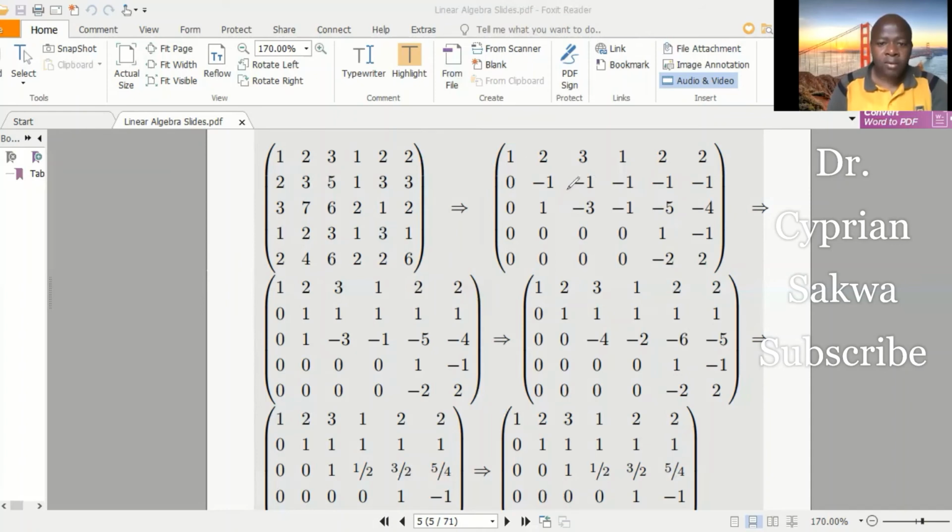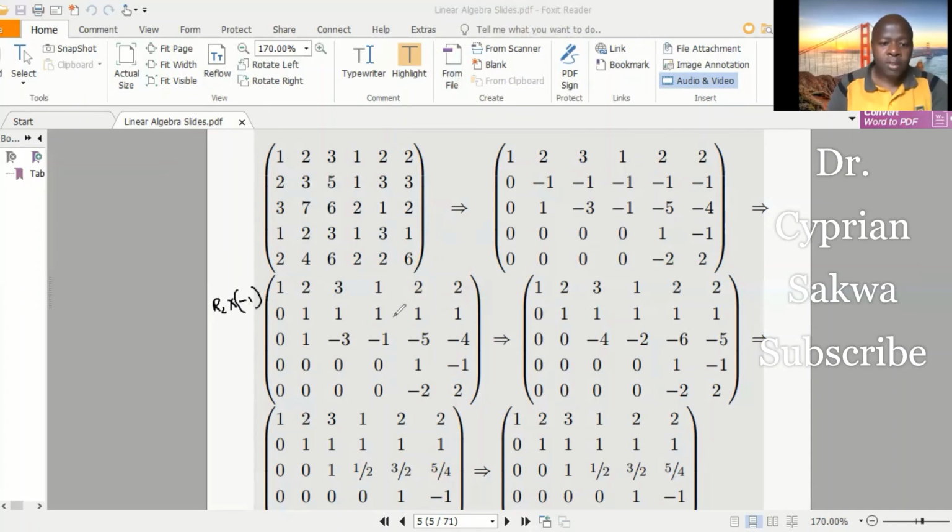I come to this second row where I have this -1 as the leading one. As I've done from the very beginning, I want my leading element to be +1. So to get +1 here, I multiplied the entire row 2 by -1.